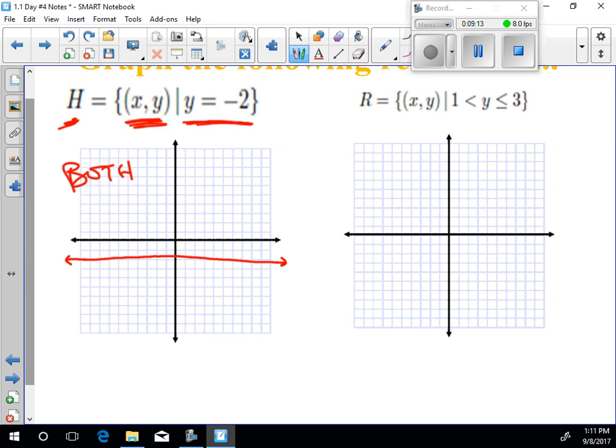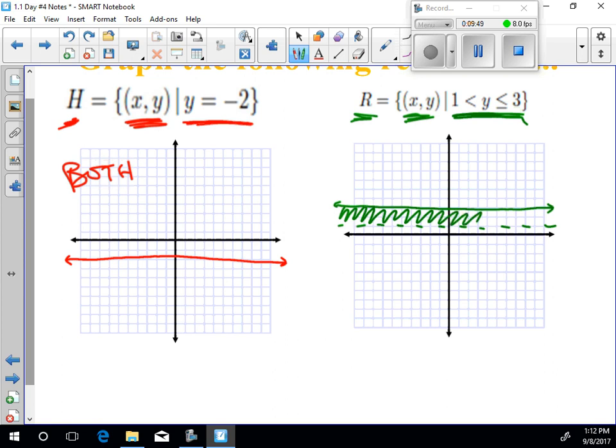Let's do the next one. This one's weird. R is the set of all points such that y is greater than 1 and less than or equal to 3. Are there restrictions on x? No. X can be anything. Y is between 1 and 3. Am I done? No. What do I do now? Shading.